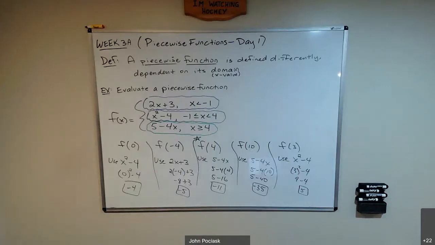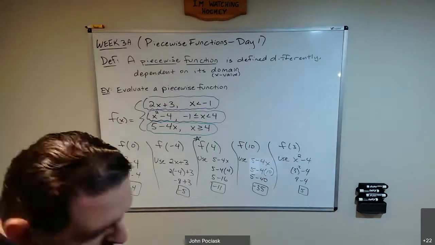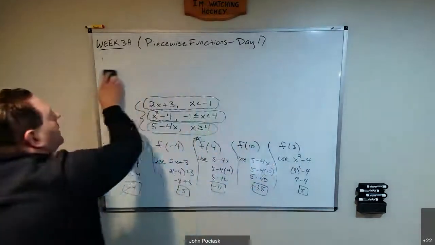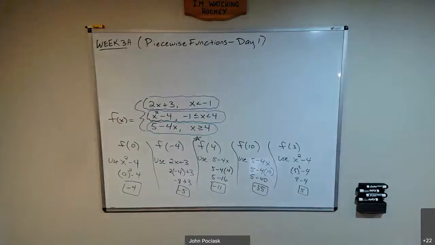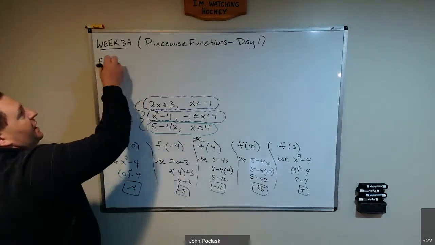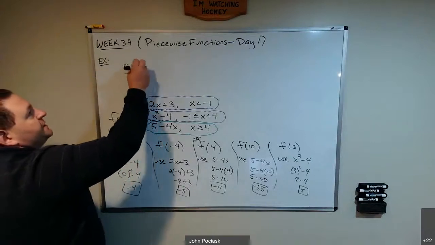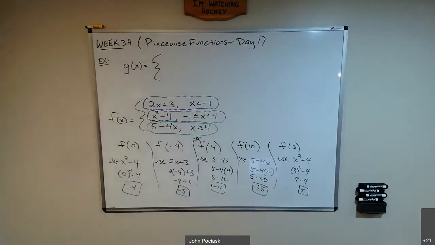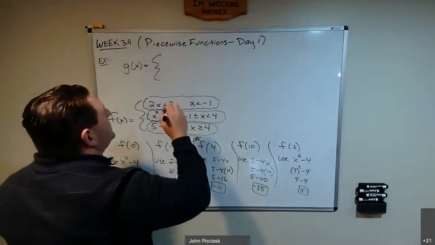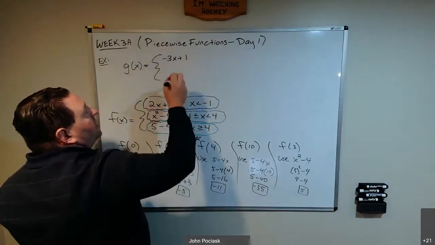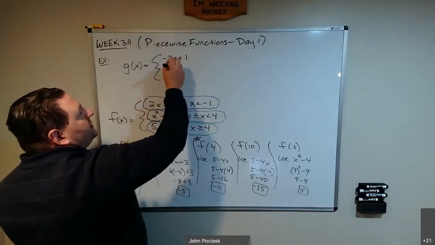So I'm going to give you one to try now. Another evaluation. I'm going to erase this up here. I'm just going to start writing it up here. So it's the same directions. This time I'll call it g of x. Again, I'll have it have 3 different pieces. Let's make the first piece -3x plus 1. We'll make the second piece 10.